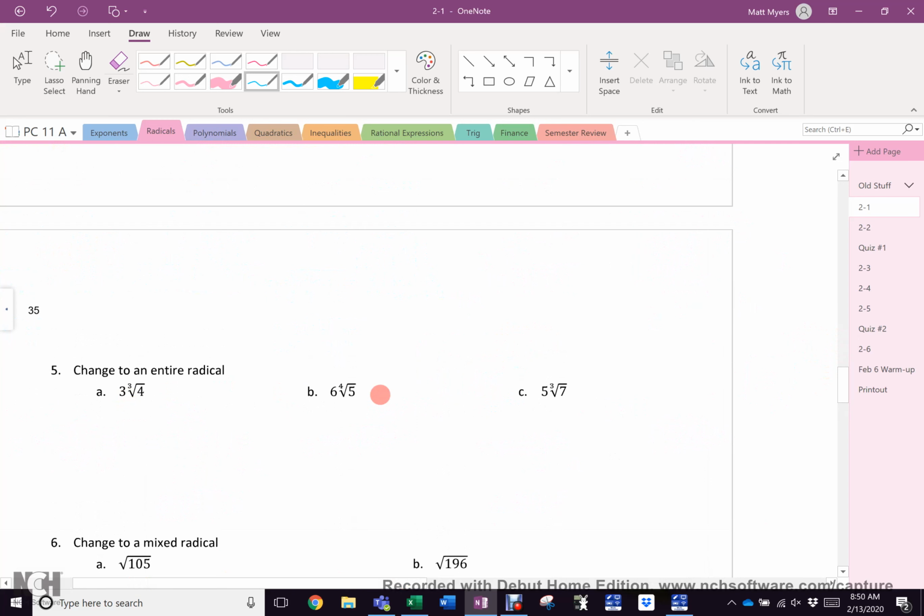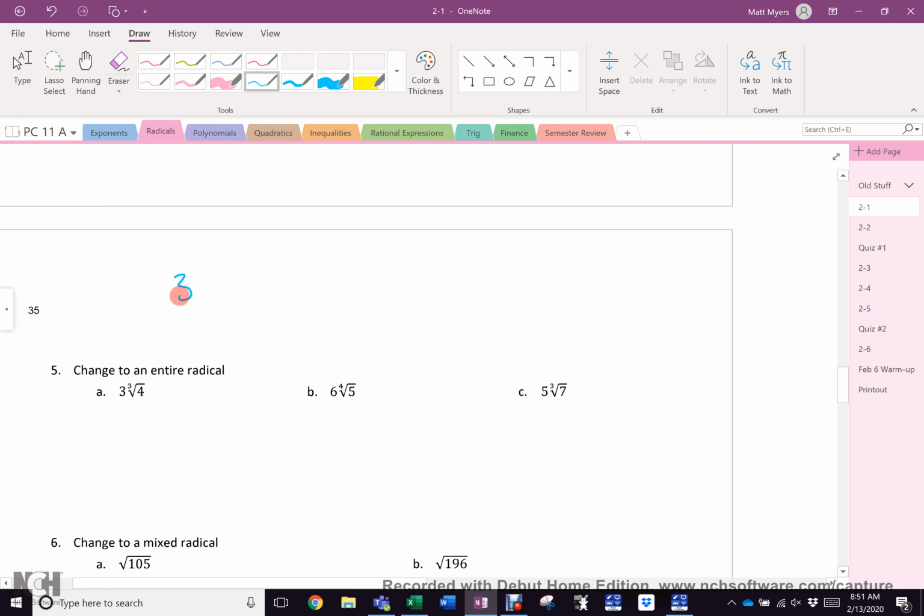What's going to be different here than what we've already done? On page 35. We've got a mixed radical, we want an entire radical.